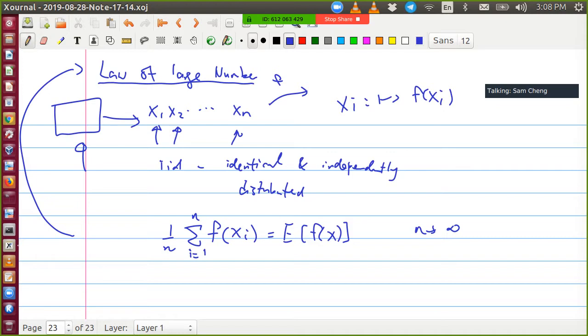Instead, I will show you a weak law of large numbers.